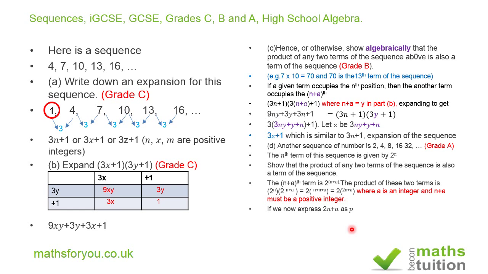So now if we replace 2n plus a with p, instead of having 2 to the power 2n plus a, we then have 2 to the power p. So the pth term of this sequence is 2 to the power p. And that's similar to what's given to us in the question itself.